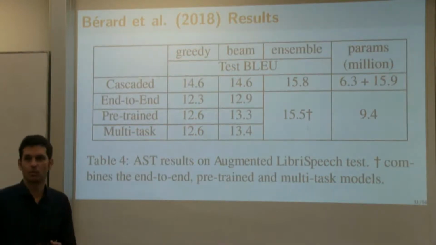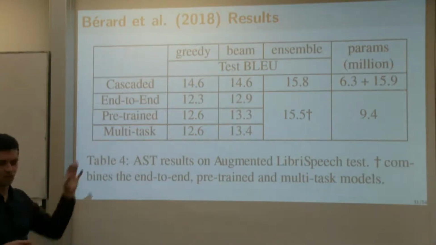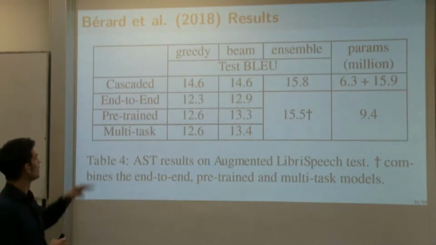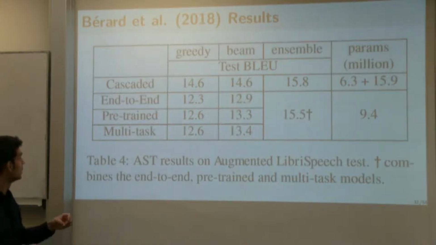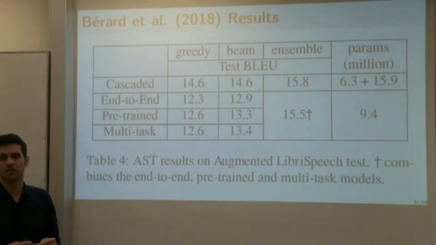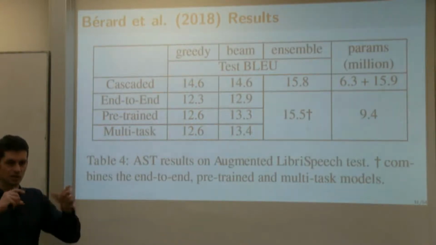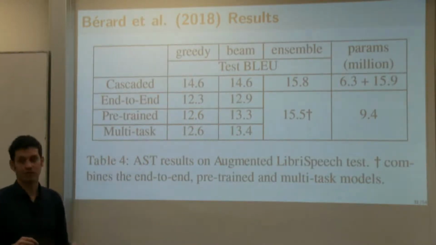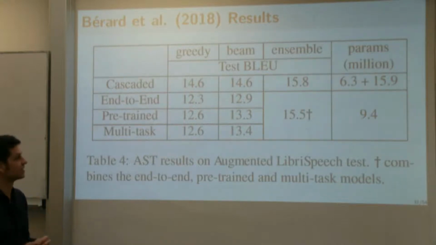So at every word, all the three subsystems help to decide. One of them is the directly trained end-to-end. One of them is pre-trained with the individual parts, with the speech recognition and the machine translation. And they also have the multitask training system.